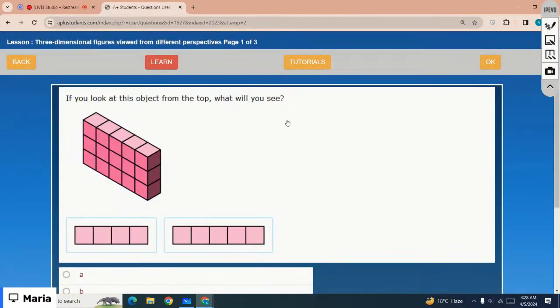Okay, if you look at this object from the top, what will you see? So which is the correct option?